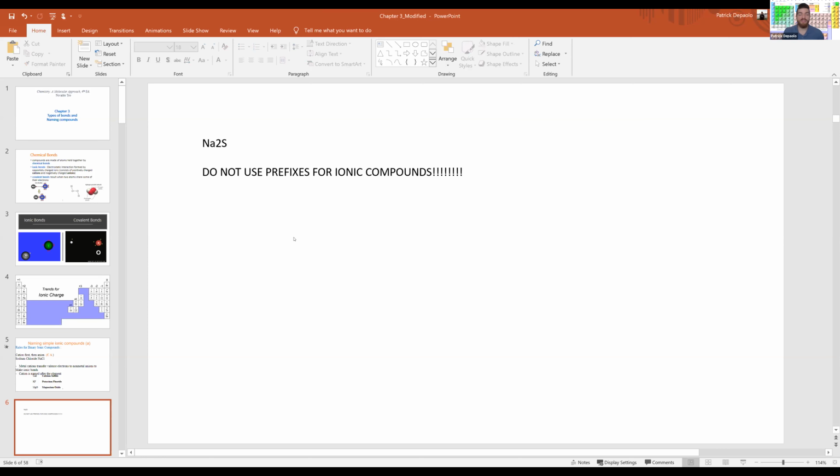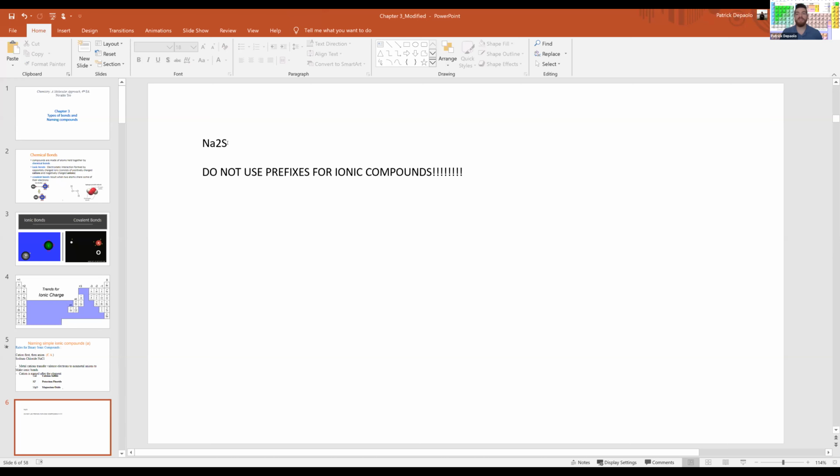By prefixes I mean carbon dioxide, CO2. It has carbon and 2 oxygens. That's a covalent bond. Covalent naming uses prefixes, but ionics never do. Even if you have Na2P or Na3P2 or something, you're never going to use those prefixes.